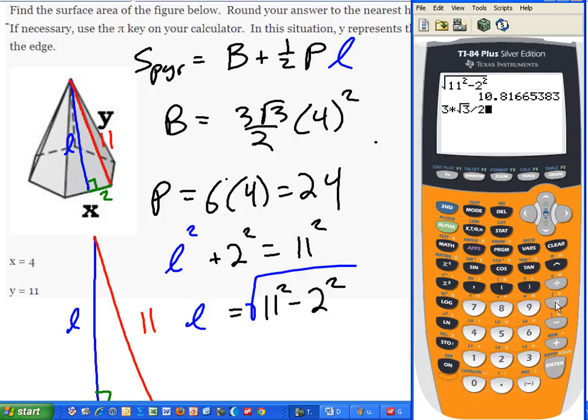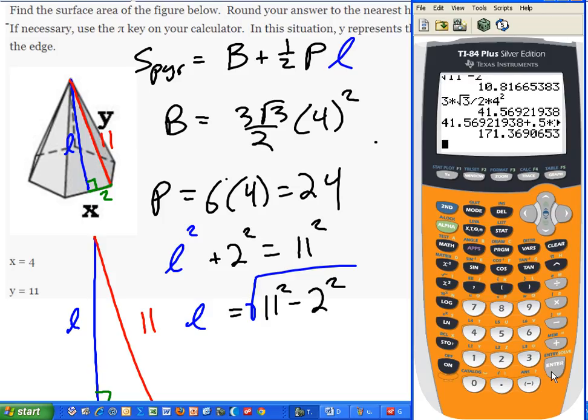Okay, there's the base area, and the perimeter was 24. So we can put all that stuff in here then. Base area plus 0.5 times 24 was the perimeter, times L was right there, 10.8 something. Okay, now let's hit enter, and we get it, 171.37. Okay, that really is probably the hardest question on there. That's not that bad.